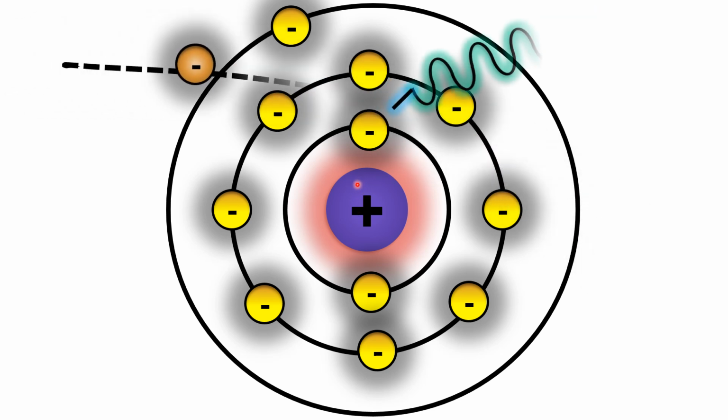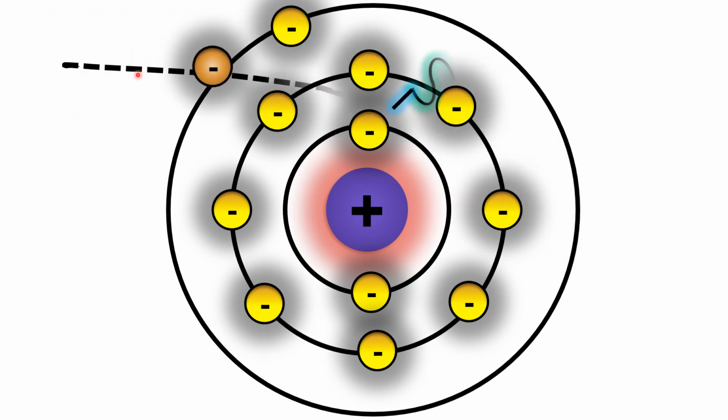Both the field lines from the positively charged nucleus and from the electrons interact with each other, and this interaction results in a deceleration of the electrons.